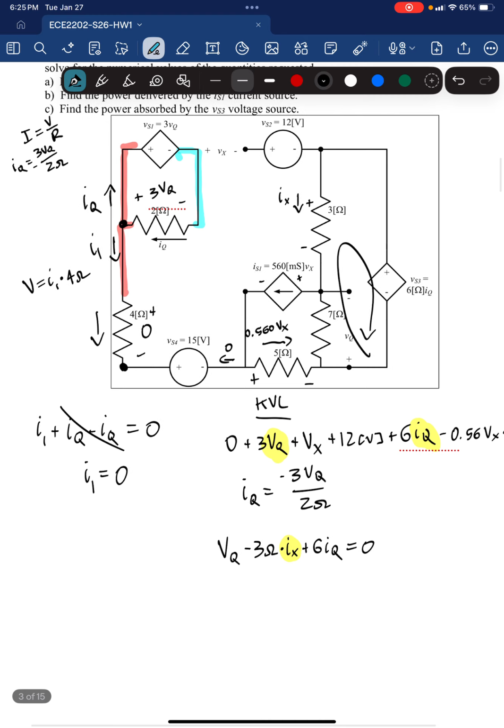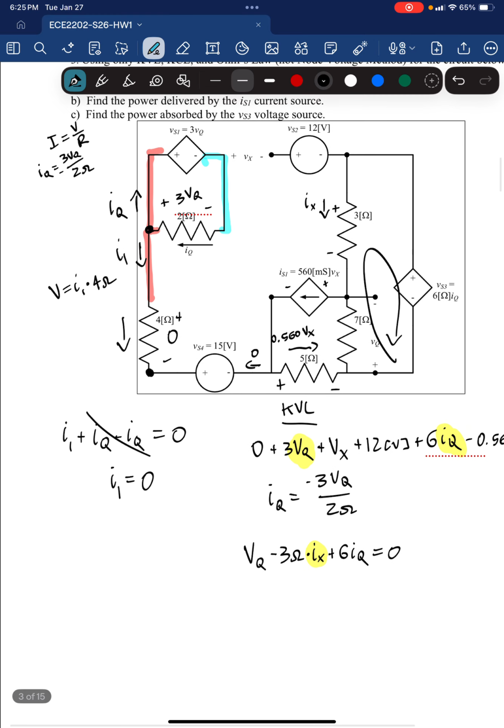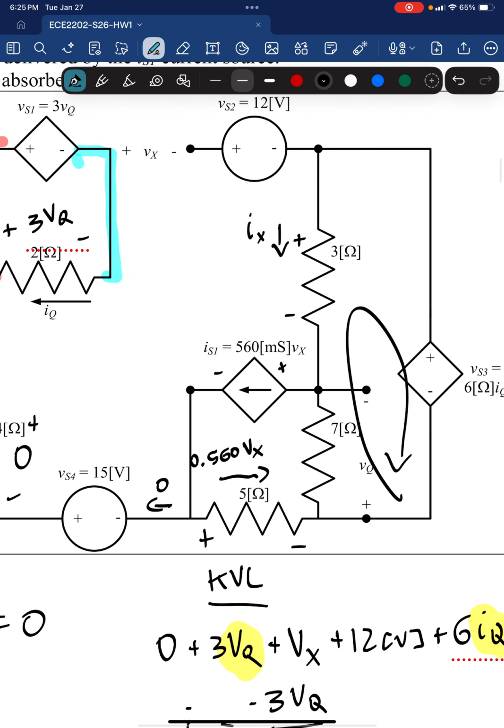Remember how I said when you're dealing with currents, you have two ways to solve for them. That's Ohm's law and KCLs. However, Ohm's law is only going to work if we have a known voltage across this resistor, which we don't, which means we would have to define a new variable, call it VA, and then we would need a fifth equation, which is not optimal, so we don't want to do that.